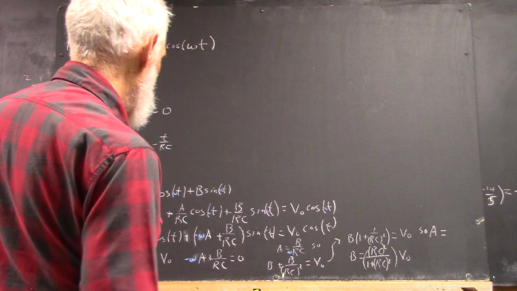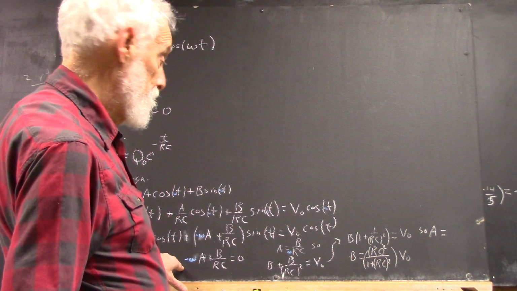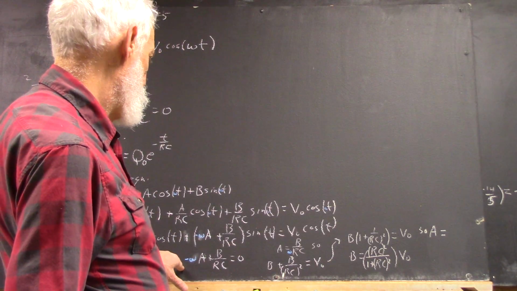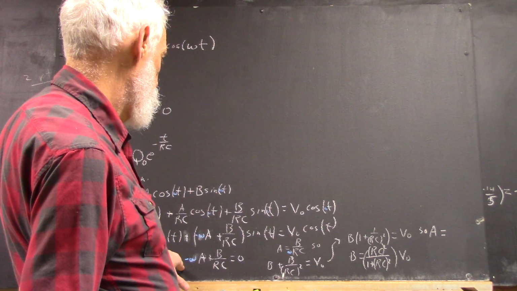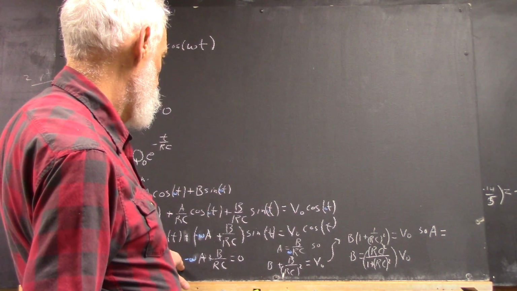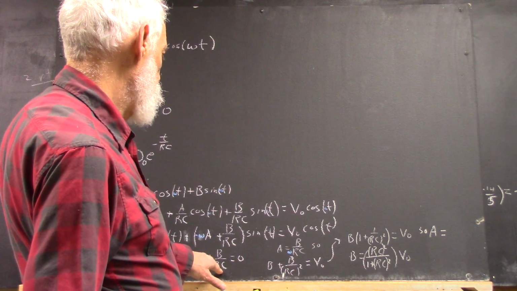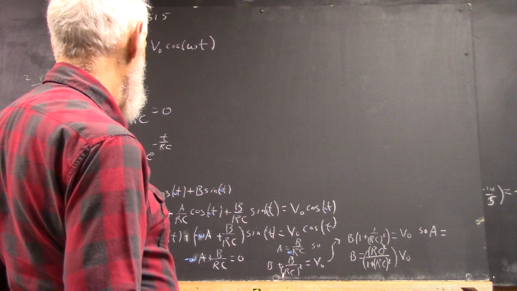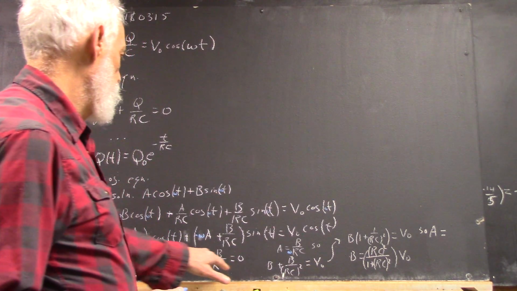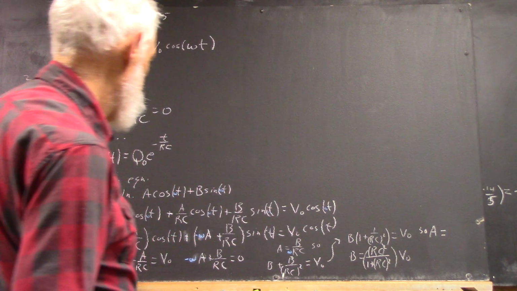This means then that if I plug this into this equation, I've got my B over RC, and my A gets replaced. No, I solved this one for A, so I'm plugging into this one.